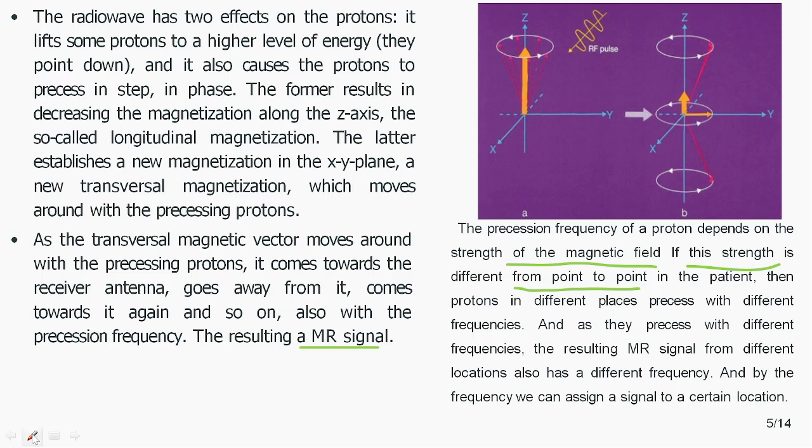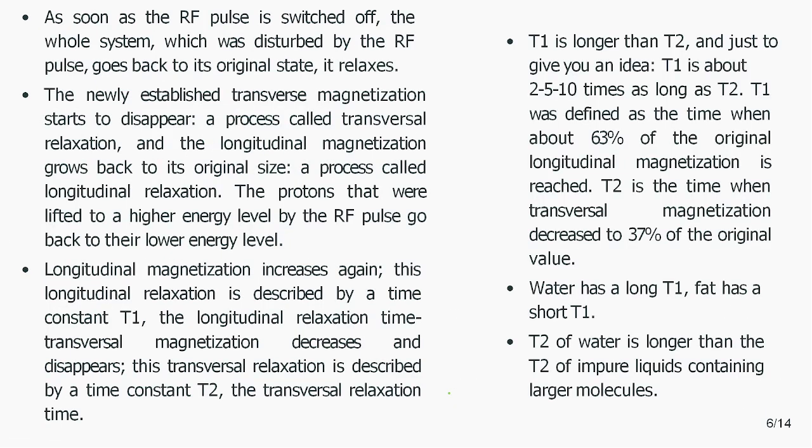That means different tissues have protons with different precession frequencies, and due to that the MR signal also differs from tissue to tissue, which is captured in the antenna or receiver section of the MRI machine.